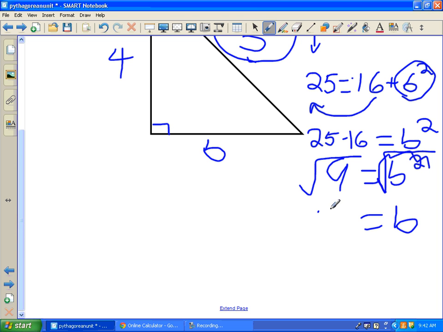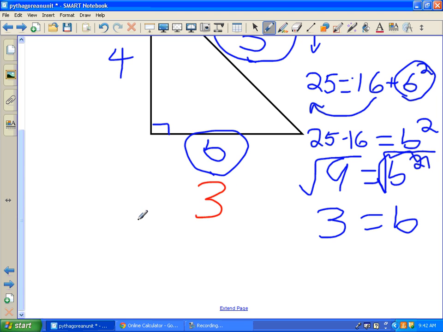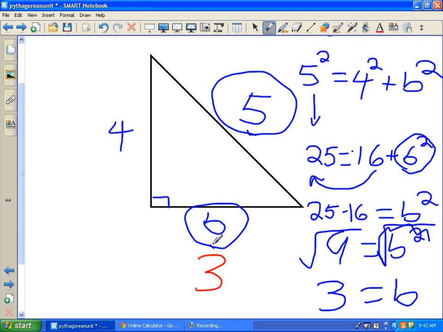So let's put 3 down there. So this side right here, our answer is 3. Does it make sense? Absolutely. We know that the longest side is always the hypotenuse, or the one across from the corner. So this is smaller than that, and this is smaller than that. So it looks like we've got the right answer.